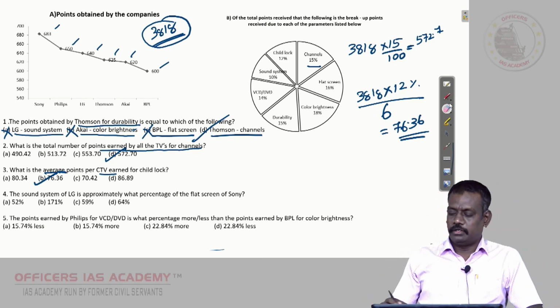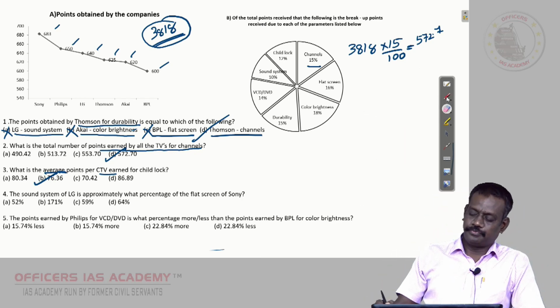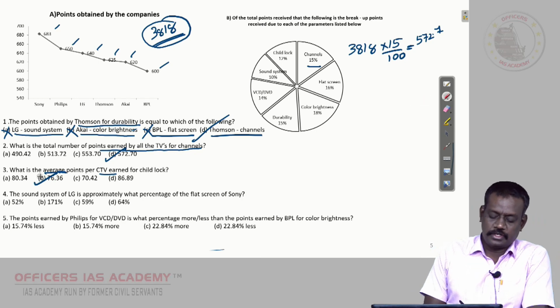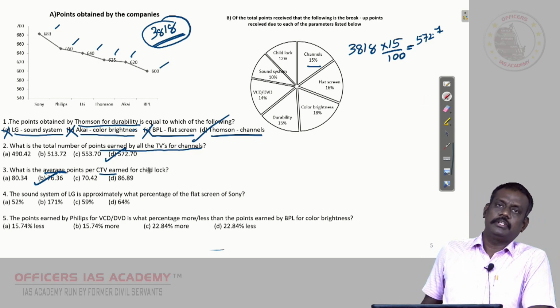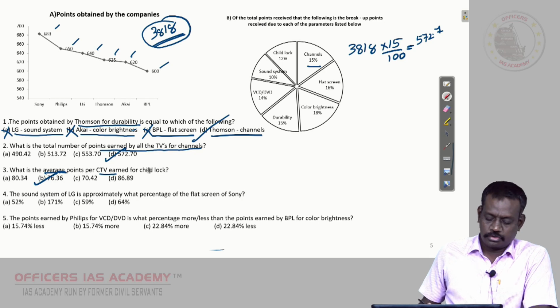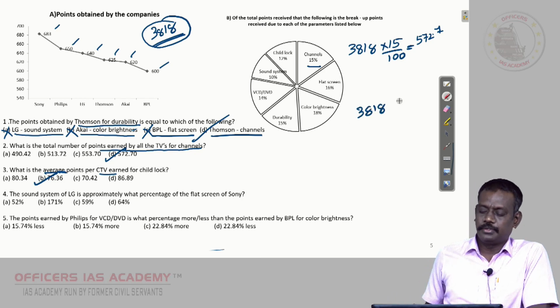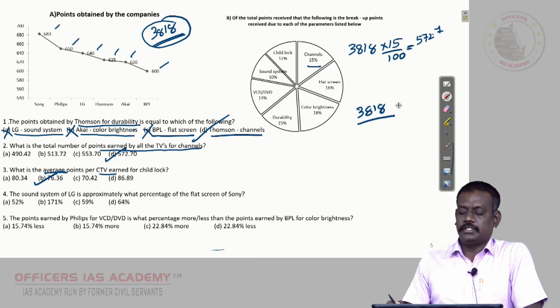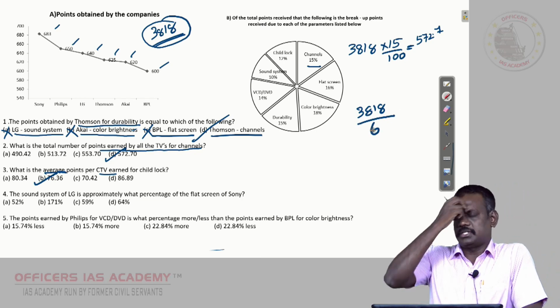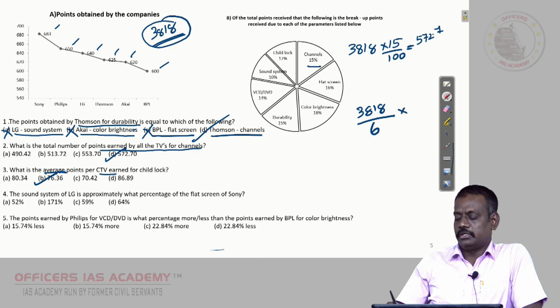Okay, so I'll redo this problem. You're asked to find the average points per color television earned for child lock. The total is 3818, and we are asked to find the average only, right? So we'll divide this by 6, into the child lock 12%, so 12 divided by 100.